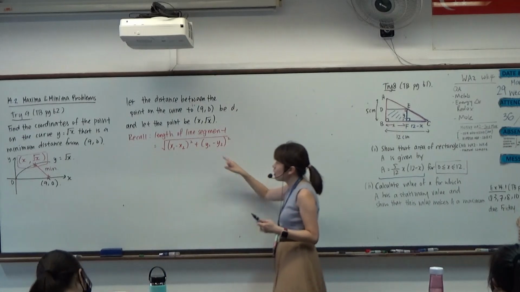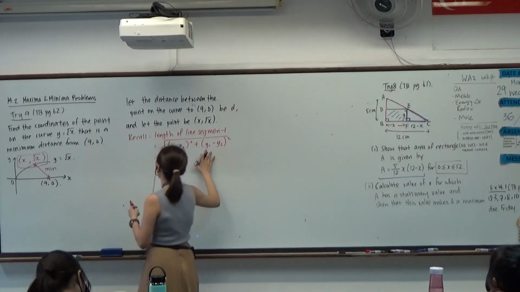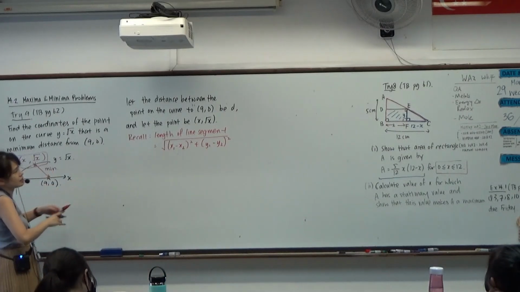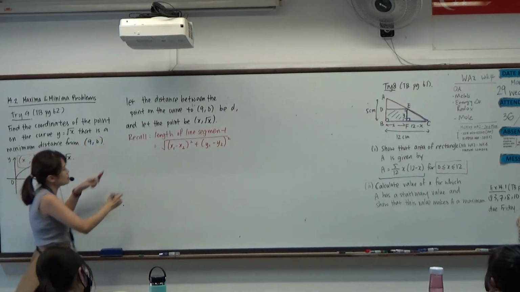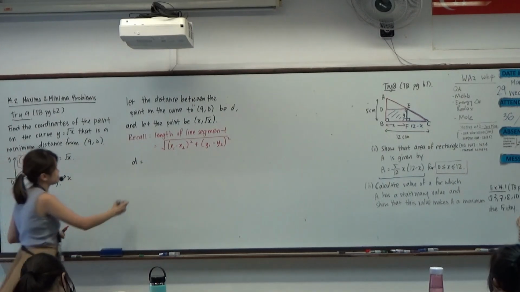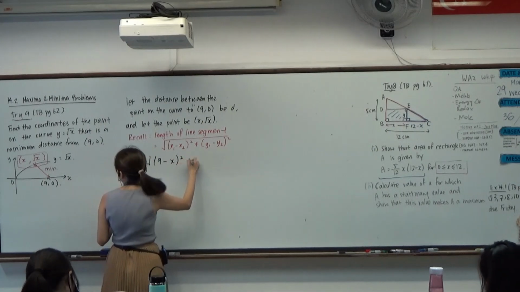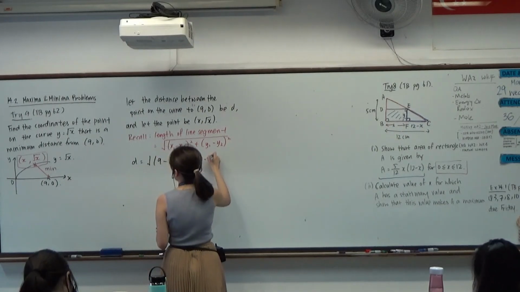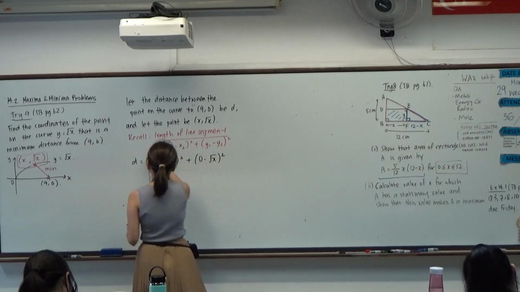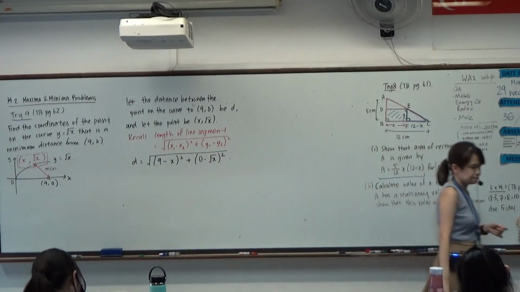Given 2 points, the difference in the x coordinate squared plus the difference in the y coordinate squared, that gives us the length of line segment. So in this particular case, d would be the square root of (9 minus x) squared plus (0 minus square root x) squared.